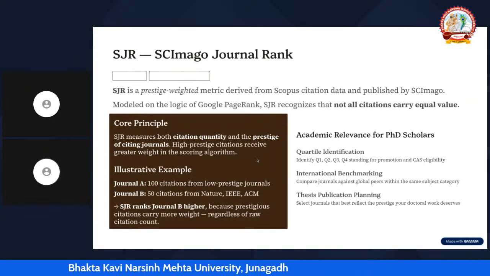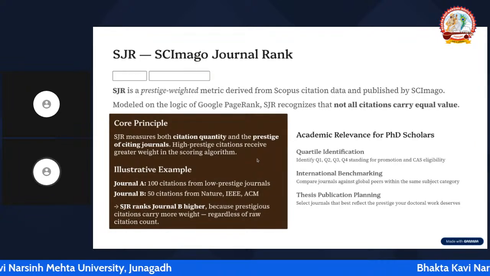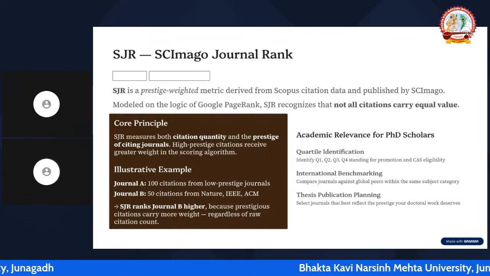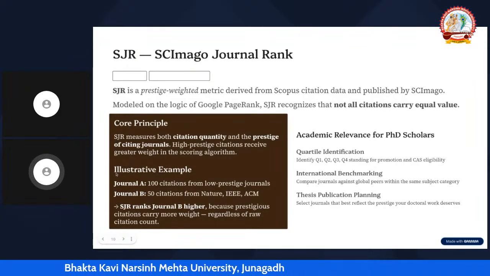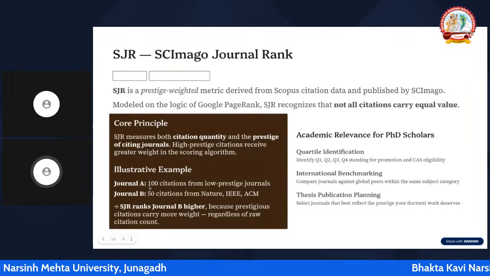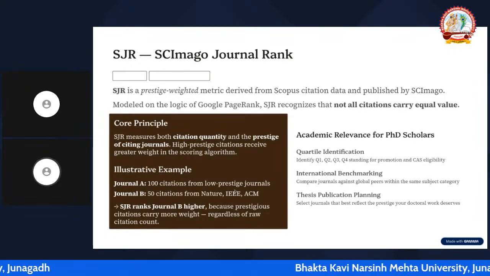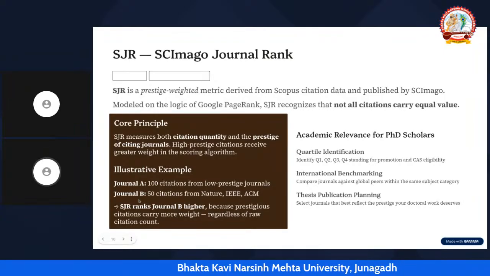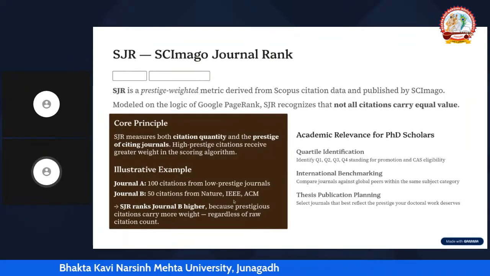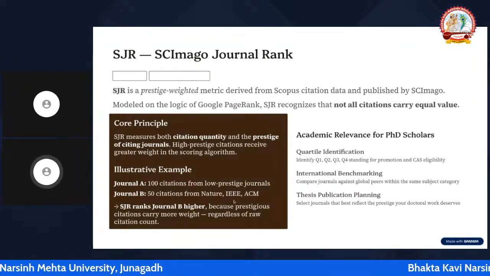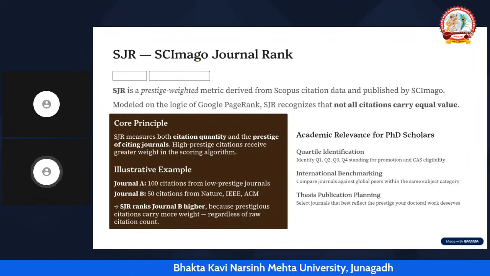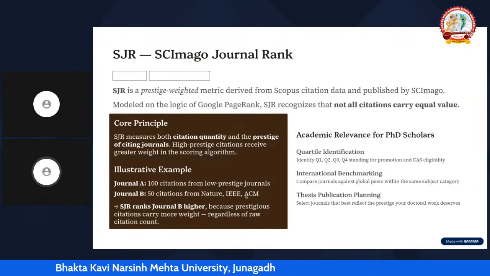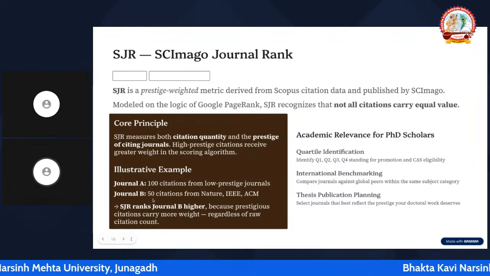That means they are using journals that already have a very good impact factor as well as CiteScores. As an illustration, we have journal A with 100 citations from low prestige journals and journal B with 50 citations from Nature, IEEE, ACM journals. So the SJR rank of journal B is higher than that of journal A. So that is an illustrative example with SJR.